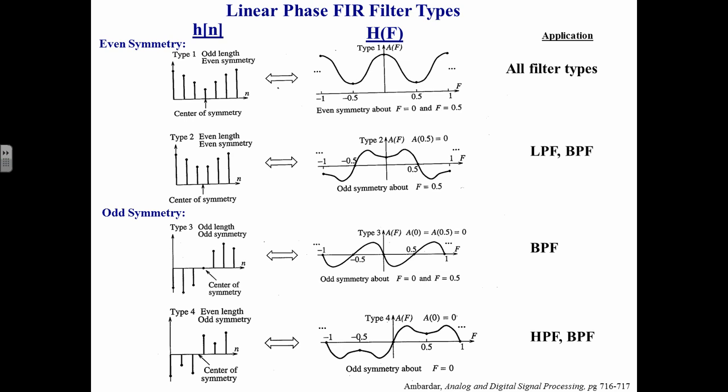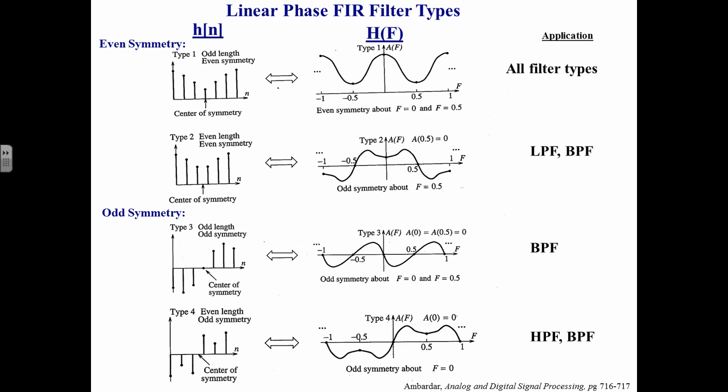And the four cases are whether you have even symmetry around the center of h of n or odd symmetry around the center of h of n. And the other dimension is whether you have an odd number of samples in your finite impulse response or an even number of samples in your finite impulse response. Now there's four combinations there of odd and even lengths and odd and even symmetry.